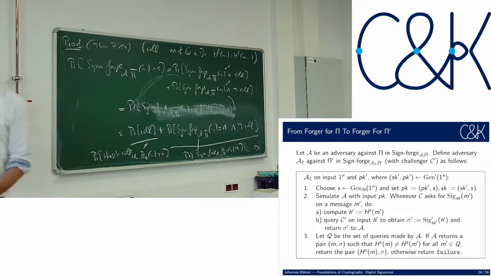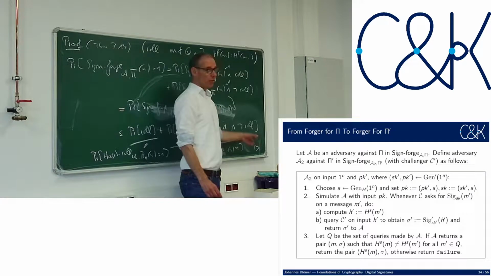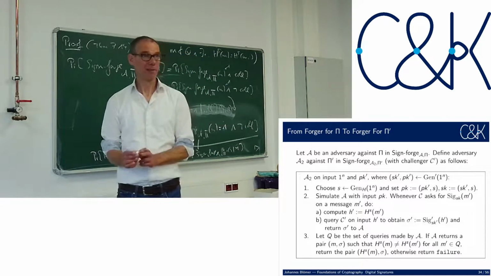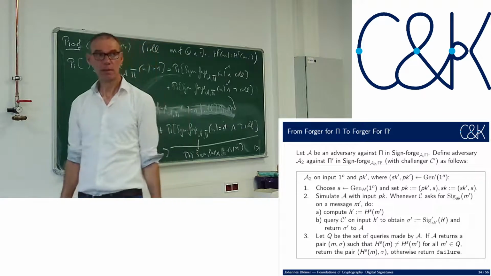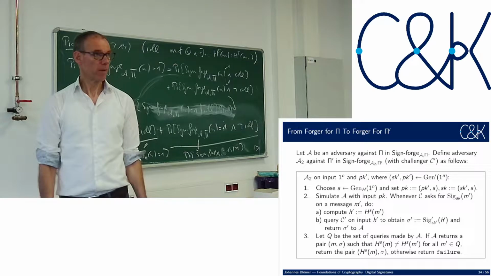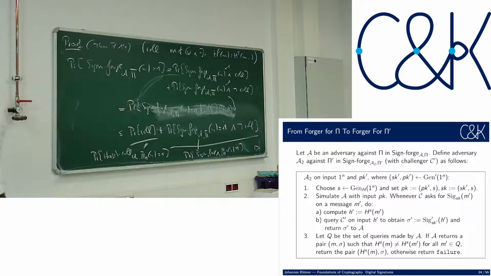So the last part is a little bit subtle maybe, but we really need that we did not query our challenger C prime on this message, on the hash value. And that's why we require here no collision. We just partitioned it.